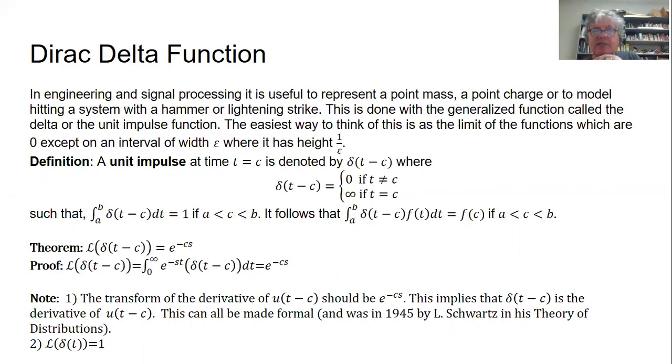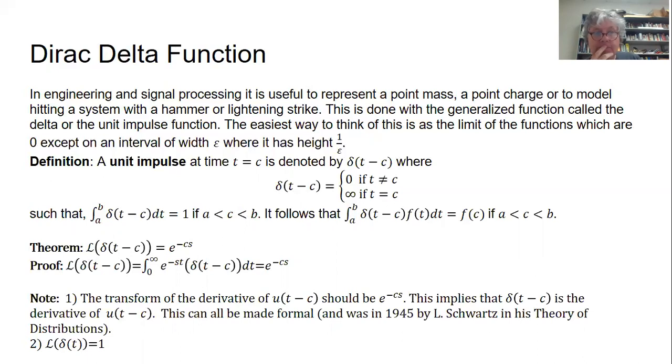Delta of t minus c is 0 if t is not equal to c, and it's infinite if t equals c, but it's infinite in the following respect that the integral of that unit impulse is 1 on any interval that contains c. Now it follows from that if you integrate that unit impulse at time c against any function, you're going to get the value of the function at c if c is contained within that interval. So just think of Riemann sums and taking limits, and you'll see that straight away.